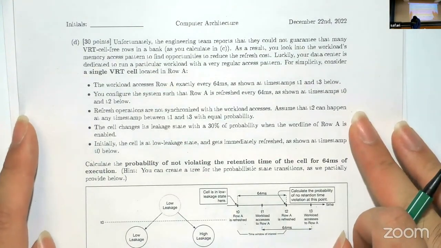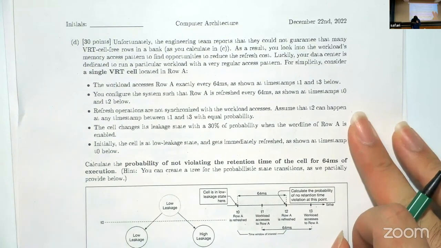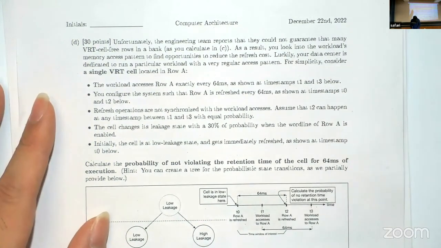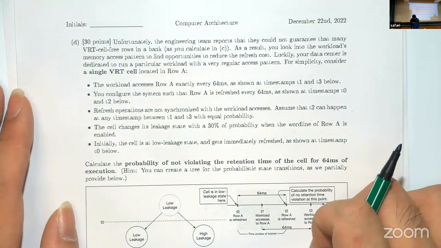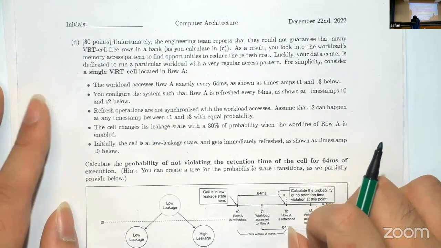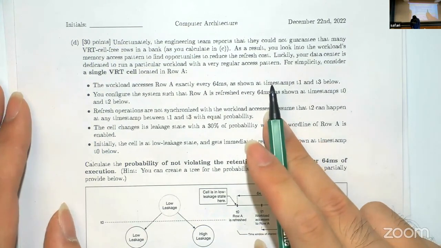The engineering team reports that it could not guarantee that many VRT cell-free DRAM rows in a bank, as we have calculated in the previous question. So we have to look into the workload's memory access pattern to find opportunities to reduce the refresh cost. Luckily, the data center is dedicated to running a particular workload with a very regular access pattern.